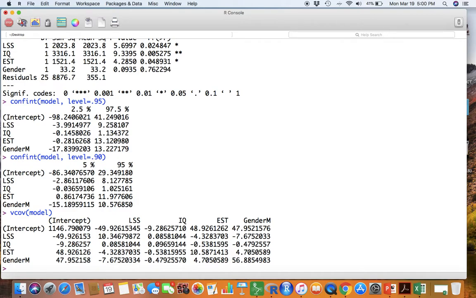But the difference is the covariances, which are just unstandardized correlations, are presented here instead of the correlations. So the covariance matrix is kind of an unstandardized version of the correlation matrix. And I demonstrated a correlation matrix about a week ago when we were looking at correlation.